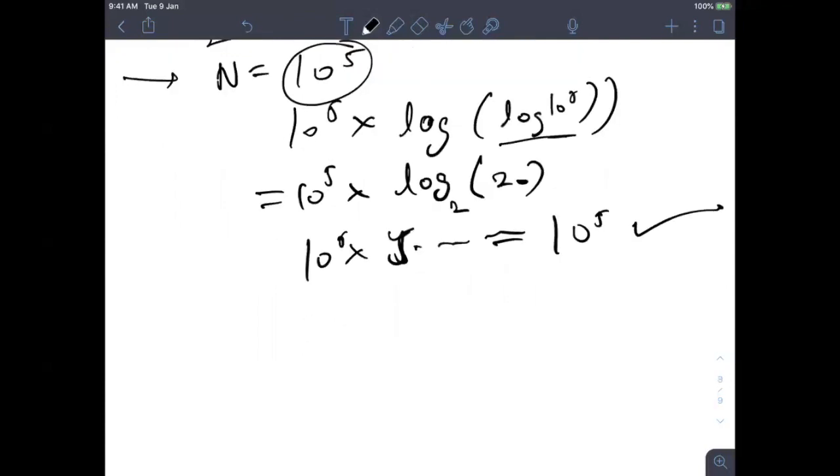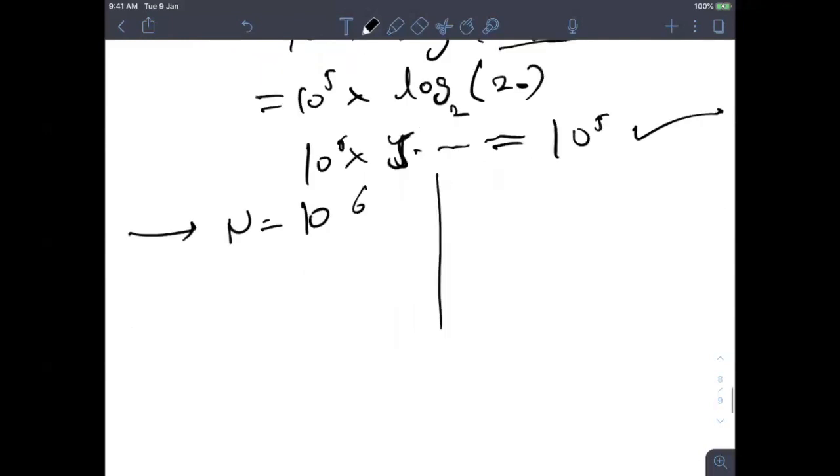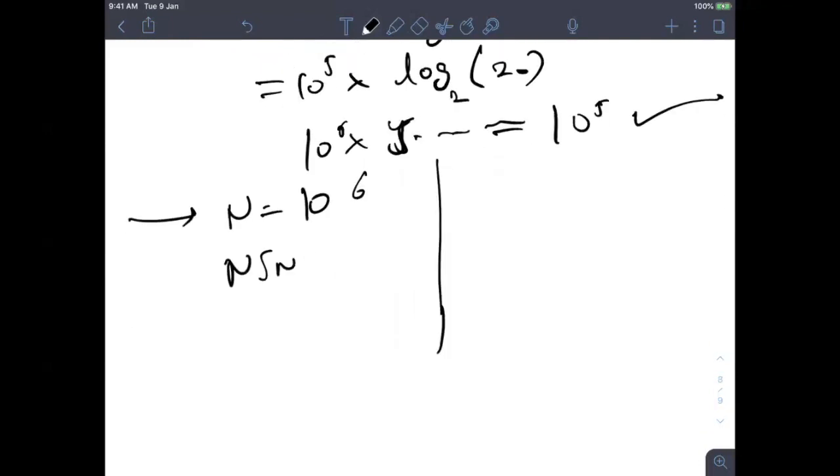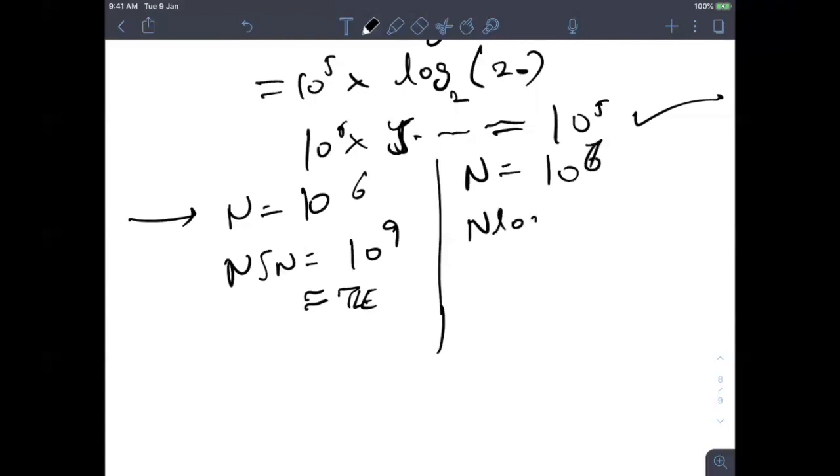Now let's see for n equal to 10 to the power 6. If it would have been n root n, then it was 10 to the power 9, TLE. But now our complexity is n log of log n.